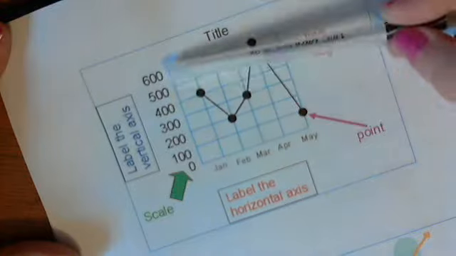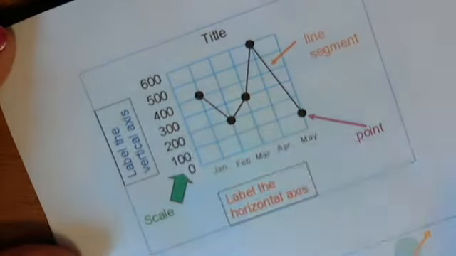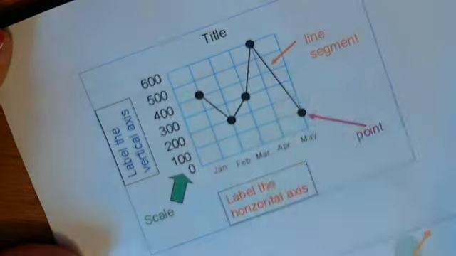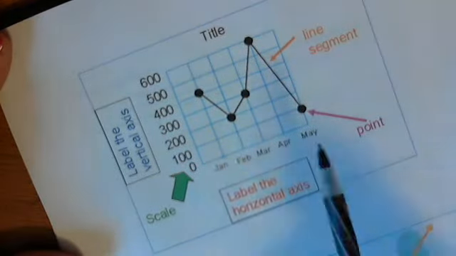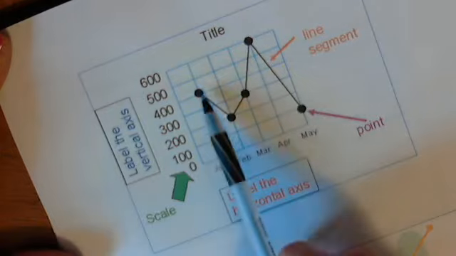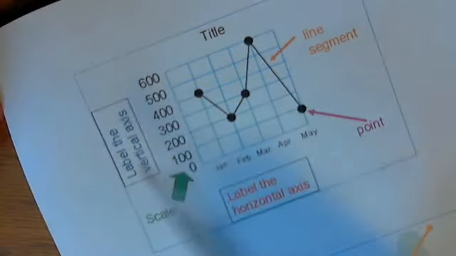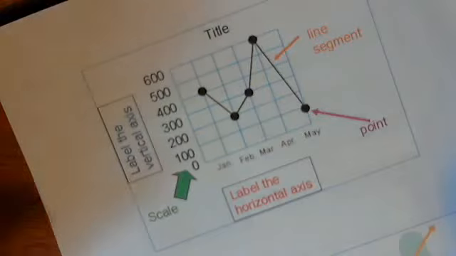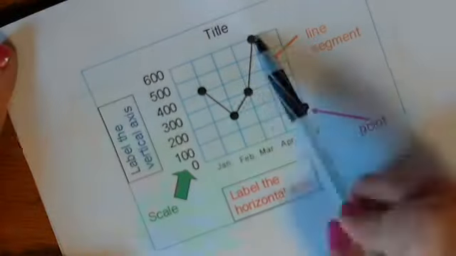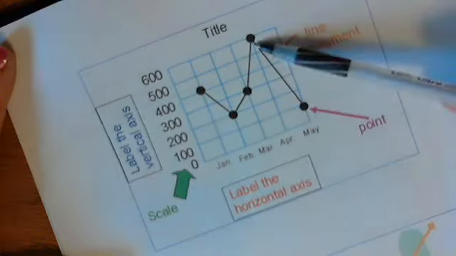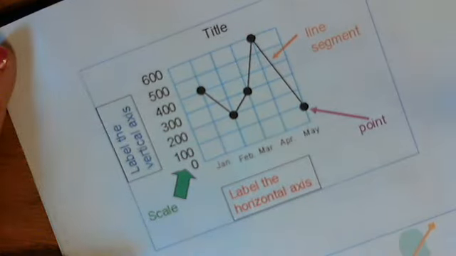In this case we've got no label for the y-axis, so I don't know what it is, but it could be dollar amounts. And other things that we need to notice are plotted points for specific information. For instance, in January we had about $400 worth of whatever this was. Since there's no label, I don't know yet. In April we had about $600 worth.